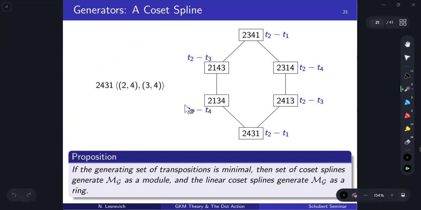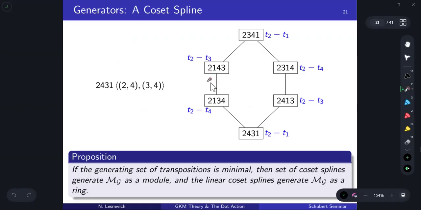I can associate a spline to these elements, to this coset. I'm really just going to put T_i minus T_j for the edge that I don't see. So I don't see (1 4); that's the other thing that I used to build that bigger graph on S4.